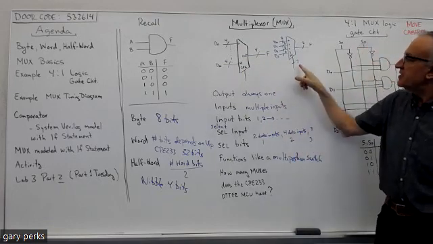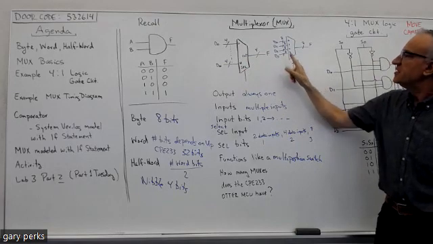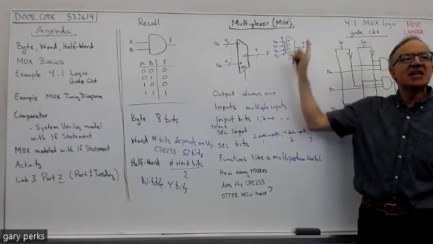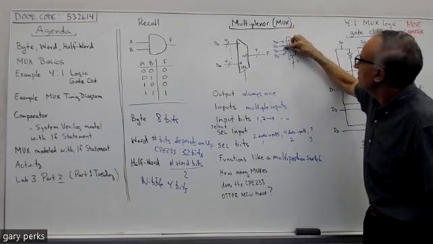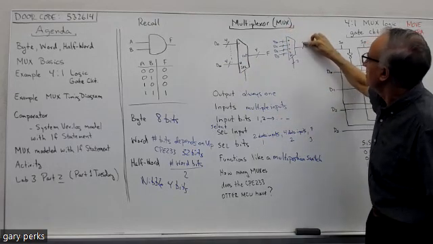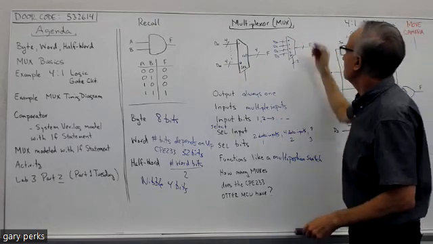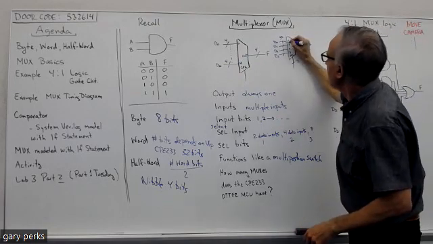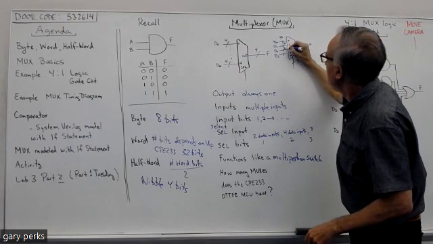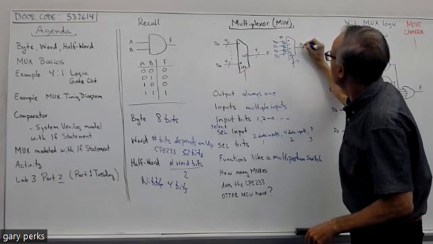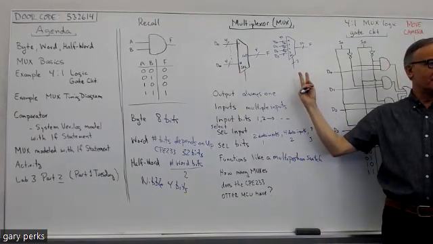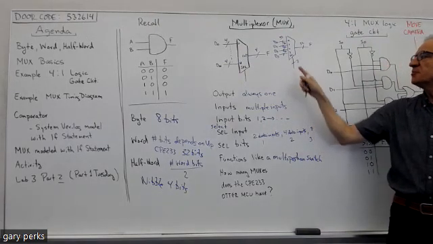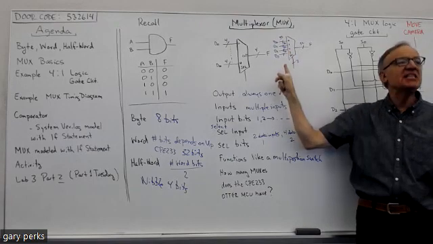And you see, the number of select bits does not depend on the number of bits the data has. If I change this, where instead of 8-bit data, say this was 32-bit data, like in CPE 233, I would still need 2 select bits, because the number of select bits is determined by how many inputs you have.